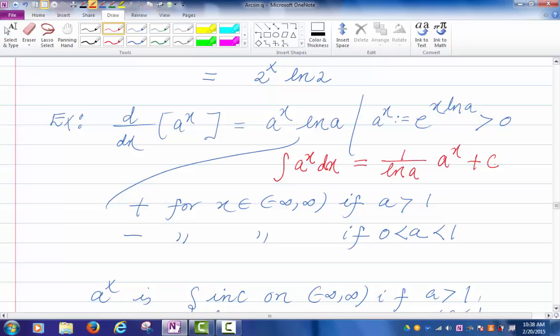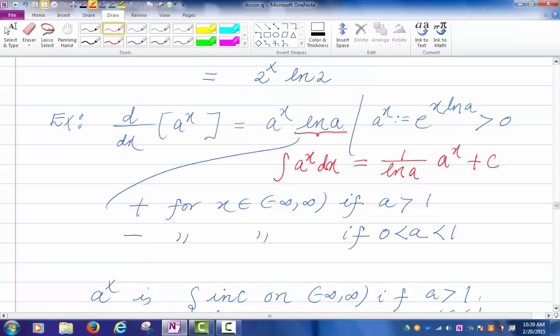The right hand side is the antiderivative of the a to the x function. So if you take the derivative of the right hand side, don't you get exactly a to the x? That's the integrand, right? So basically you have this constant ln of a, you divide both sides by that constant, and that gives you the integral formula.